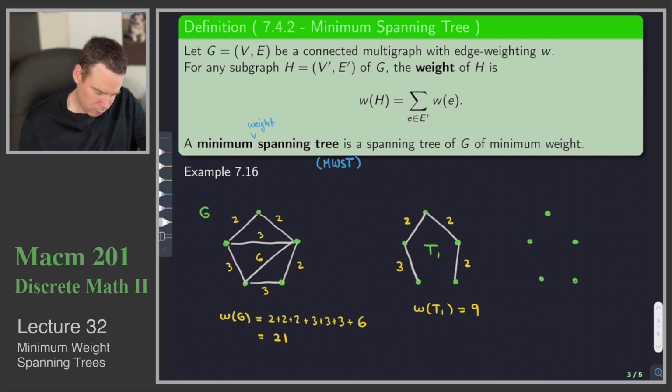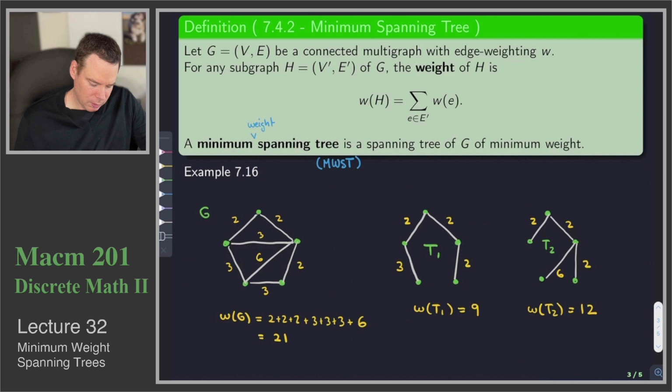We can choose something like this, and this, and this edge, and that edge. We'll call this tree T2. The weights are a 2, a 2, a 6, and a 2. So the weight of this one is 2 plus 2 plus 2 is 6, plus 6 is 12. So there's a couple of spanning trees with their weights.